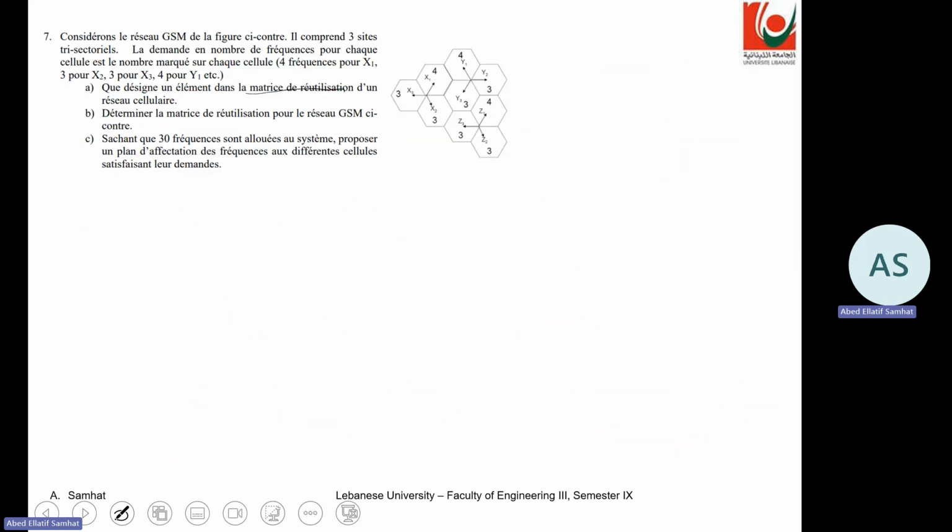Let's move to the last question. Remember that when we presented the frequency allocation, we said that in a cluster we should not choose the same frequency twice. This means that the frequency is used only once in a cluster.